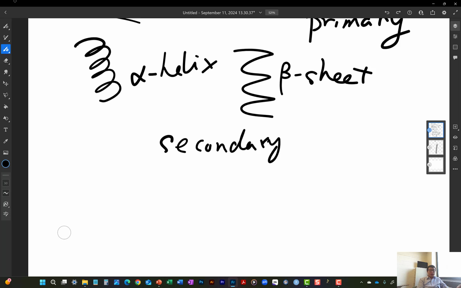In a polypeptide, not every single amino acid will join an alpha helix or beta sheet. The third one is called a delta turn, which is not discussed in this class.